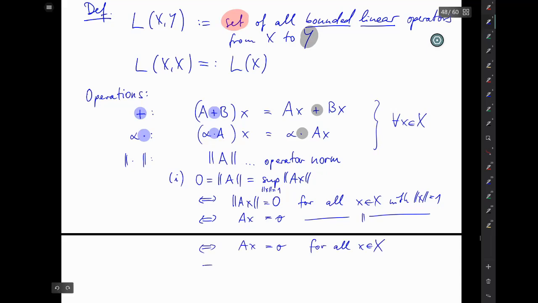But that's just the definition of A being the zero operator. Let me write it like that. Okay, first norm axiom, check.